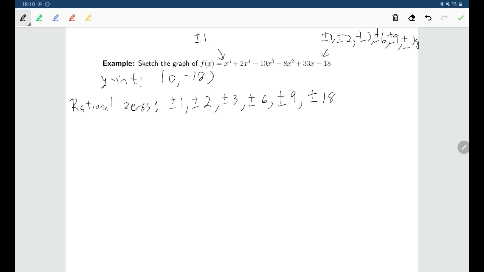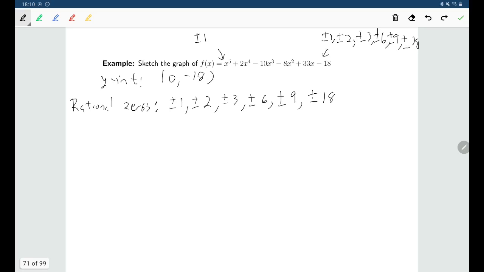One thing we also know here, before we get into the finding of these zeros, is that since this is a fifth degree polynomial, there will be at most 5 possible factors. So although we've got 12 different numbers that we could theoretically check, we know that all of them will not be zeros.